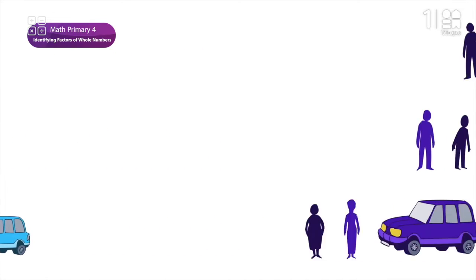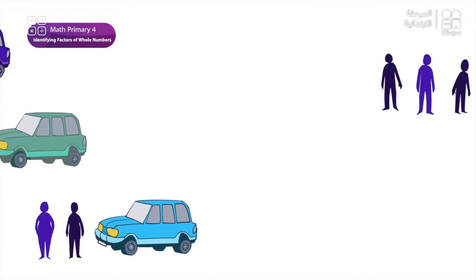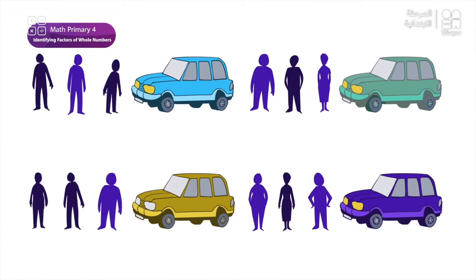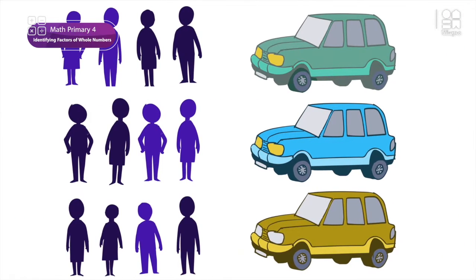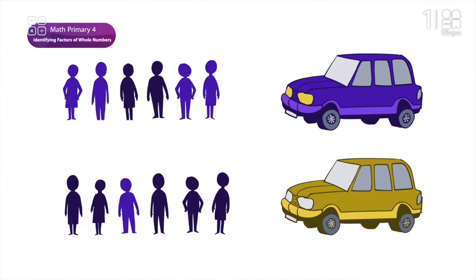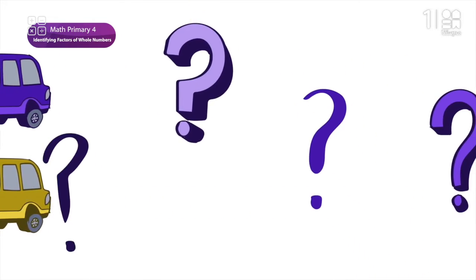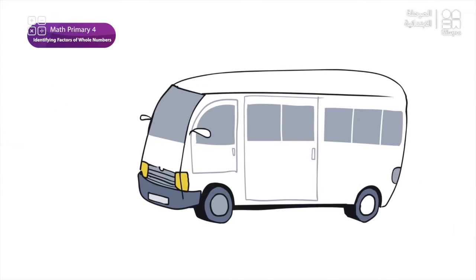Or 2 people could share a ride. Groups of 3 work fine. 4 passengers? Perfect. 6 means just 2 cars. But is there another way? Yes, there is. But we would have to get a minibus to transport them all.